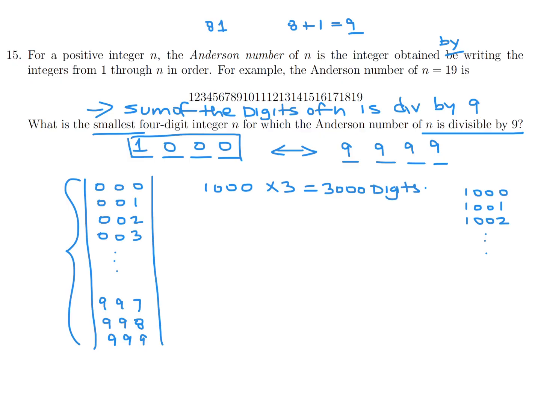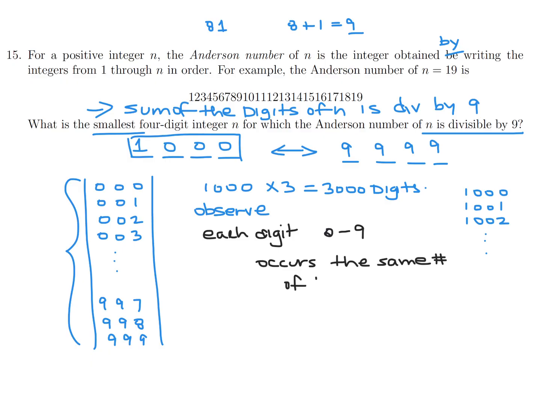Correct? And hopefully you can observe, although this is not entirely obvious, that each digit, 0 through 9, occurs the same number of times.